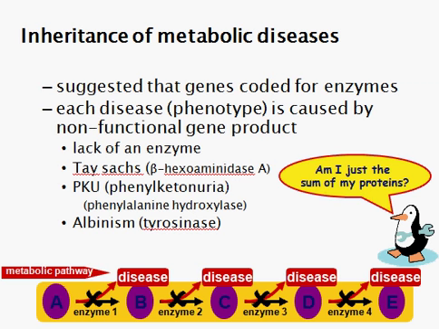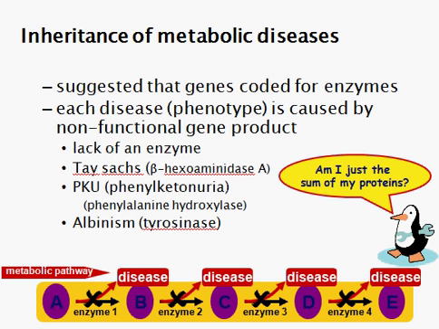In noticing that metabolic diseases were inherited, there was the conclusion, or suggestion at least, that genes were responsible for coding for the enzymes that were missing in these metabolic diseases. Each disease, which we could look at as a phenotype, is caused by something not working that should be made by the DNA. In most cases, this is a lack of an enzyme.